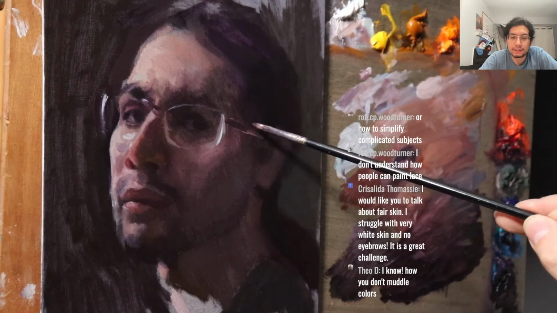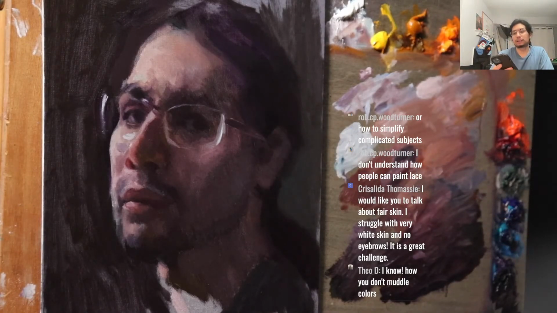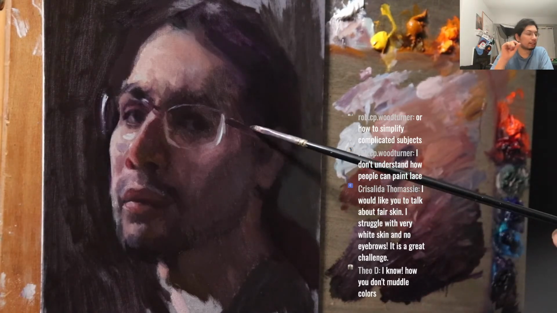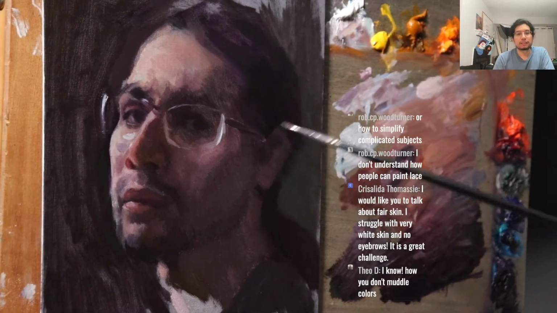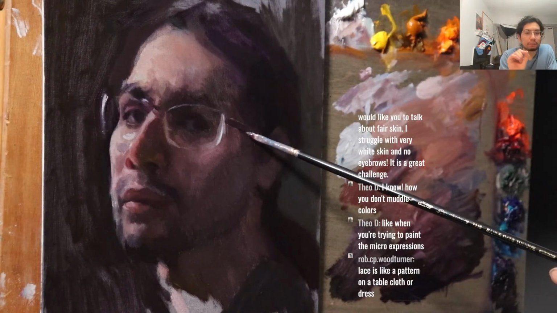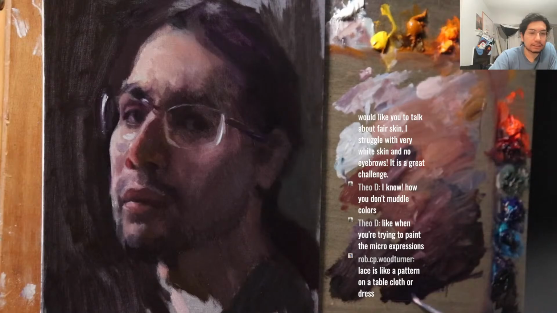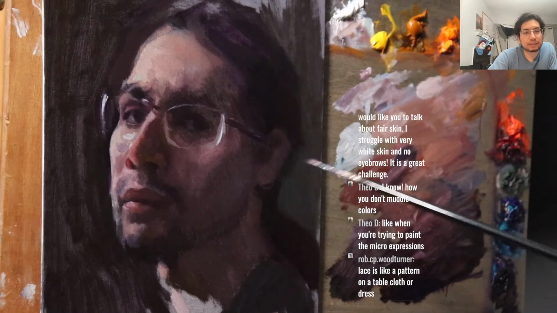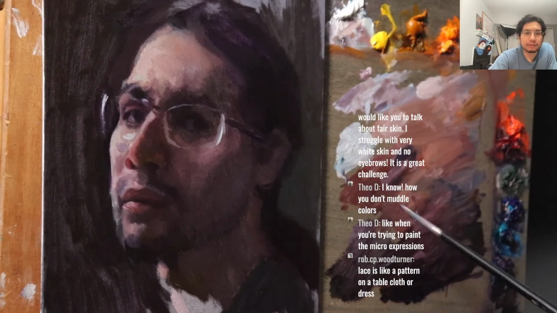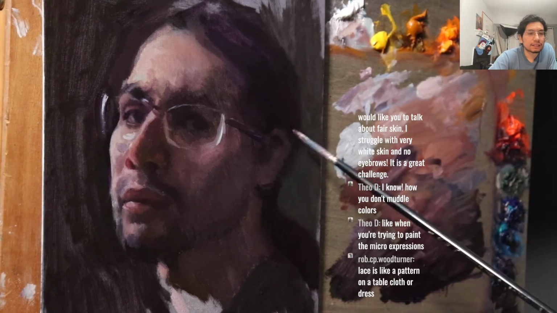That's a lot of attention to detail. That's more pattern work. Get your big shapes down, and then all it is is pattern. You're just filling in patterns. It's an illusion, really, lace. It's more about big shapes and then pattern. It's a time consuming thing, but perhaps we can find a reference that has lace.